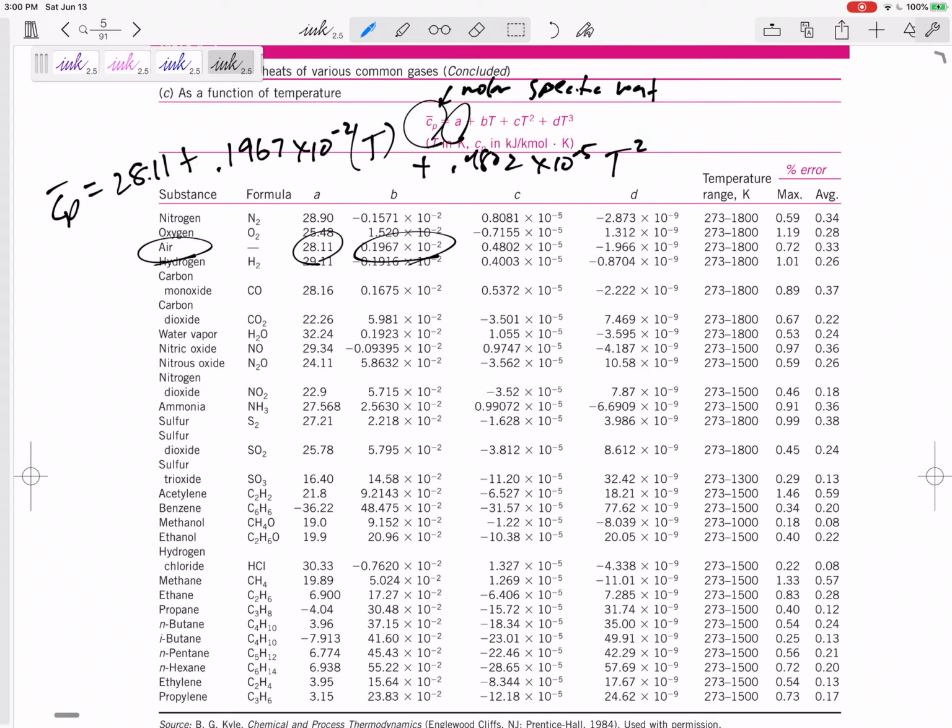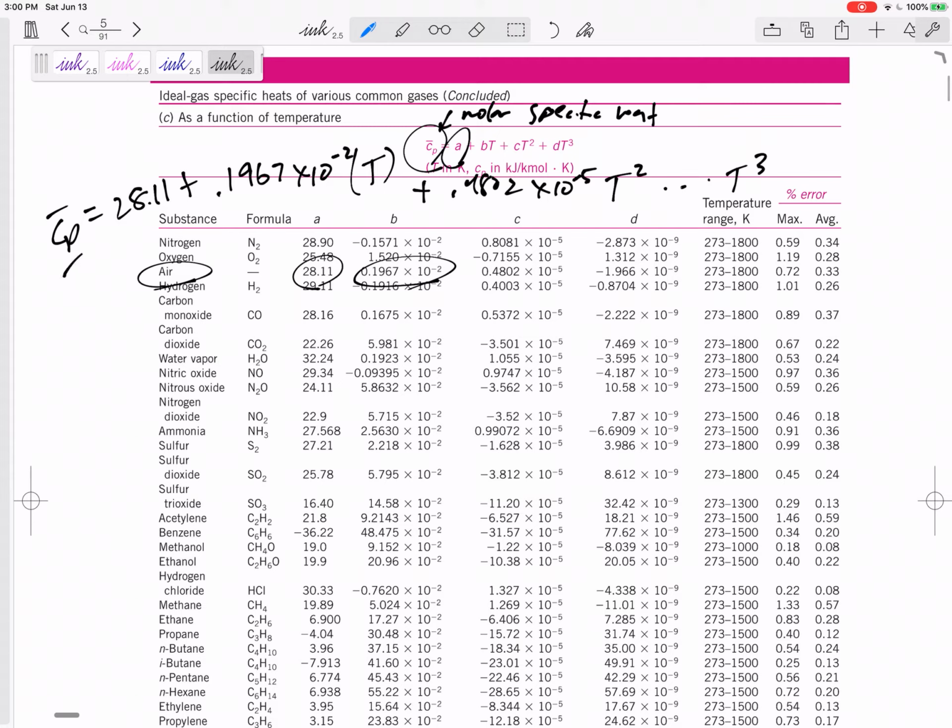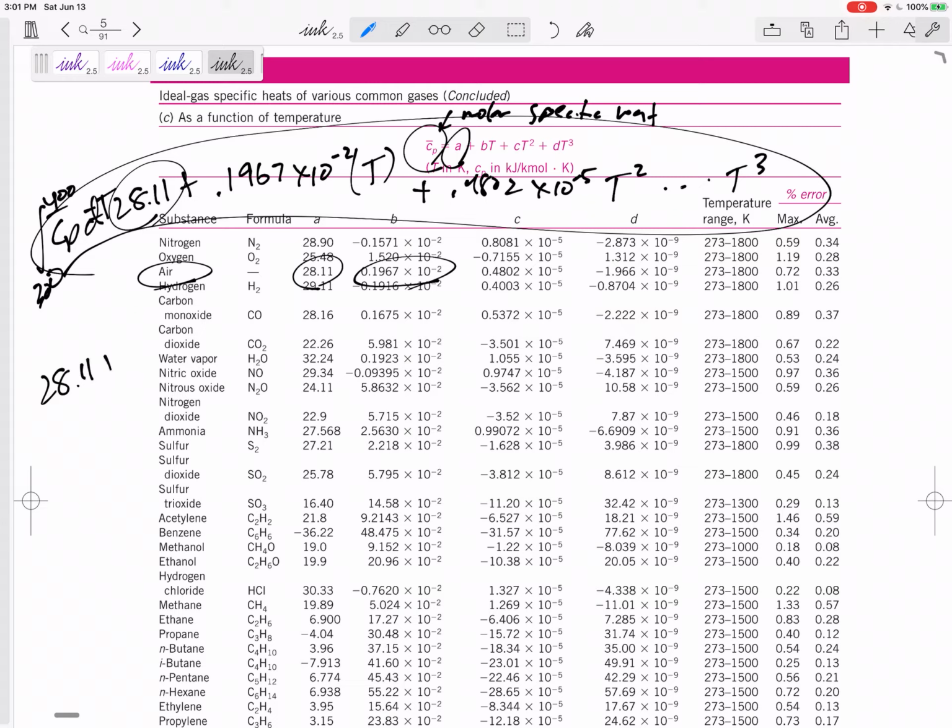We could plug this into our equation and integrate dT as T goes from one temperature to another. The integral of this would be 28.11 T, then something T squared over 2, then something T cubed over 3. I'd have to plug in my T2 value and subtract my T1 value. It's a lot of math and a lot of work.